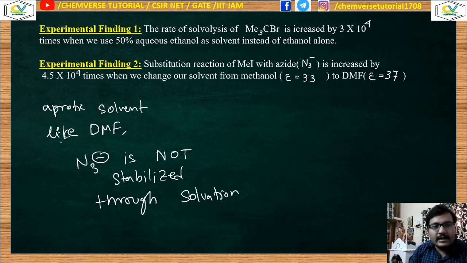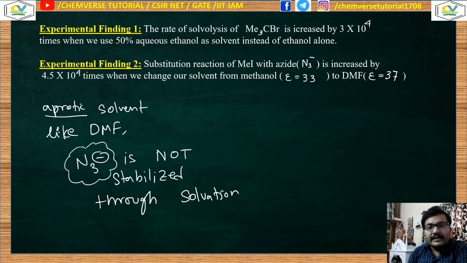Why? Because an aprotic solvent cannot stabilize an anion. That's why this N3 minus is open for nucleophilic attack, and the rate will be much higher, and it is reflected in the experimental data. It is 4.5 into 10 to the power 4 times greater. The rate is higher. So this is our possible explanation of the second experimental finding.